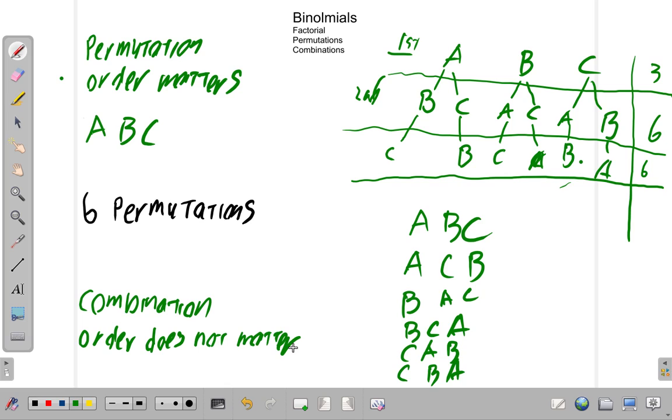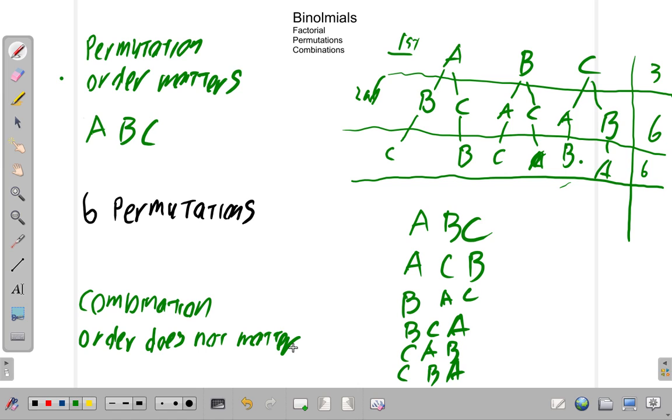For example, now, suppose you say that you have A, B, and C. It's 3 paintings on a wall, and you want to arrange them in that order on the wall. Then in that case, the order matters.